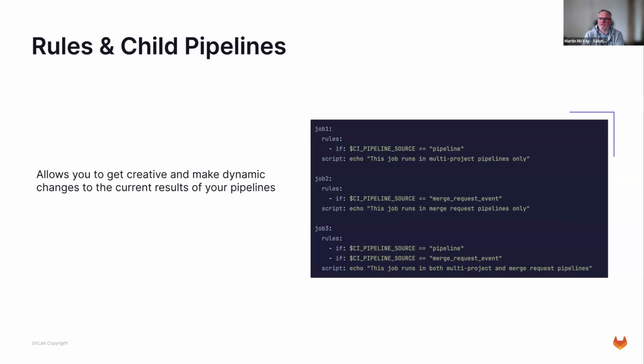If it's a merge request event, it's only going to run in a merge request event pipeline. And the third one is that if it's a multi-project pipeline and a merge request pipeline, then job 3 is the job that's going to be executing. So we can get creative with variables as we can with anything, and then we can drive behavior via the value of those variables.